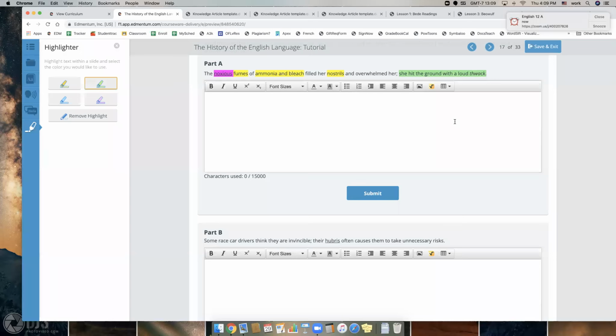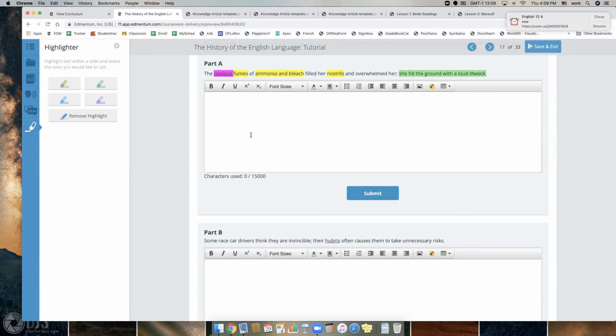If somebody faints from something that they smell, that's usually a bad thing. And so we can gather that noxious is a negative word. We'll talk about another word that we could use for that a little bit later on. So we know it's a negative word, so we can guess that it has something to do with the word toxic.